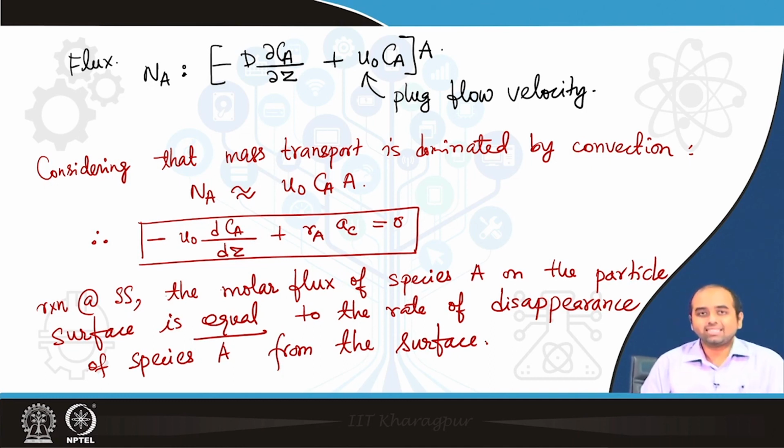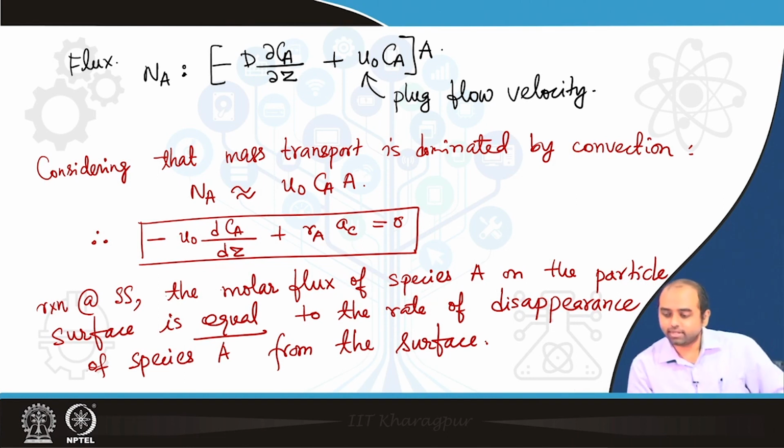So, at steady state, the molar flux of species A on the surface has to be equal to the rate of its disappearance. There cannot be any accumulation, right, at steady state.